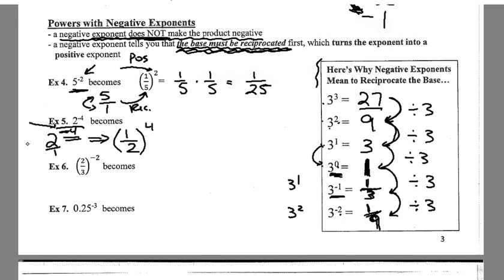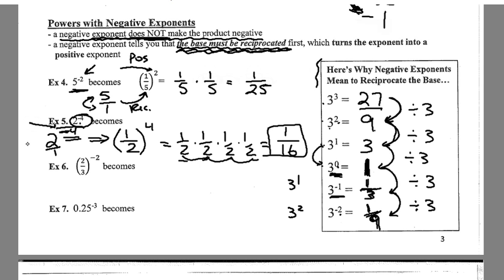So 2 to the negative 4, flip the base, exponent becomes positive, and now we have 1/2 times 1/2 times 1/2 times 1/2. My base occurs 4 times as a factor, 1 over 16. 2 times 2 is 4, times 2 is 8, times 2 is 16.